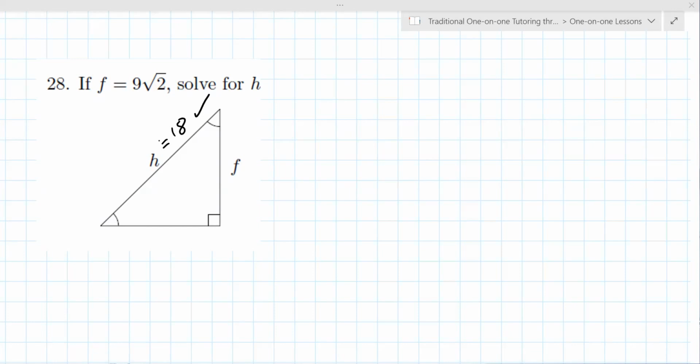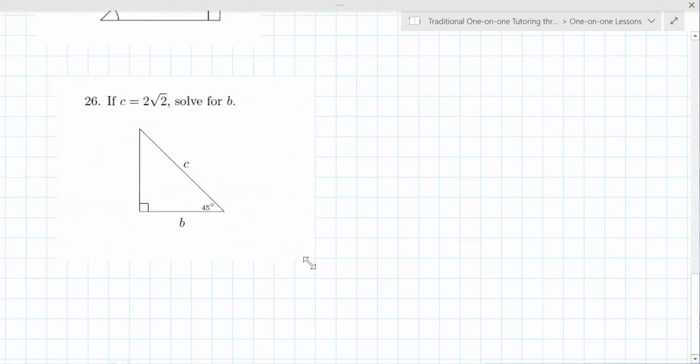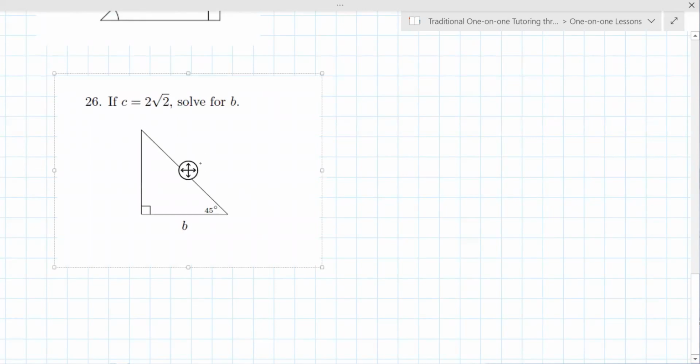So now I'm going to give you the hypotenuse and you're going to find the legs. In some ways you might even say, well, this seems easier when you see the problem worked out for you. So this time they're giving you the hypotenuse. The hypotenuse is 2 square root 2.